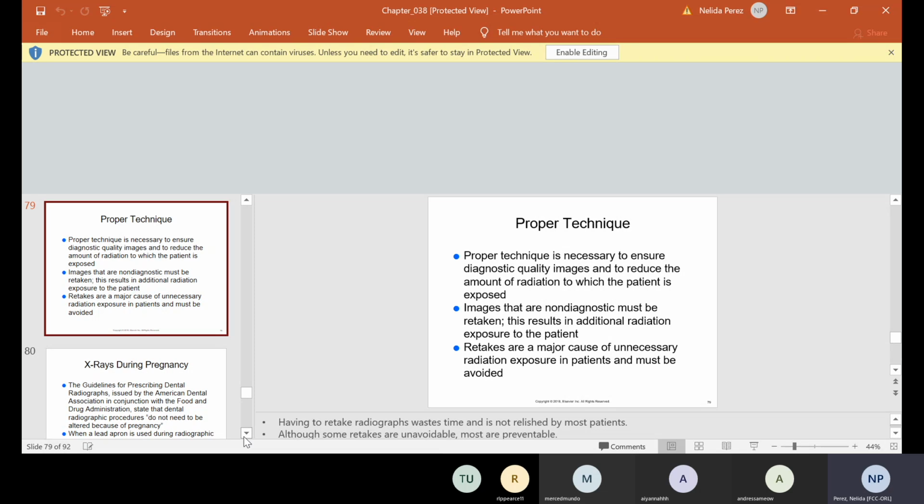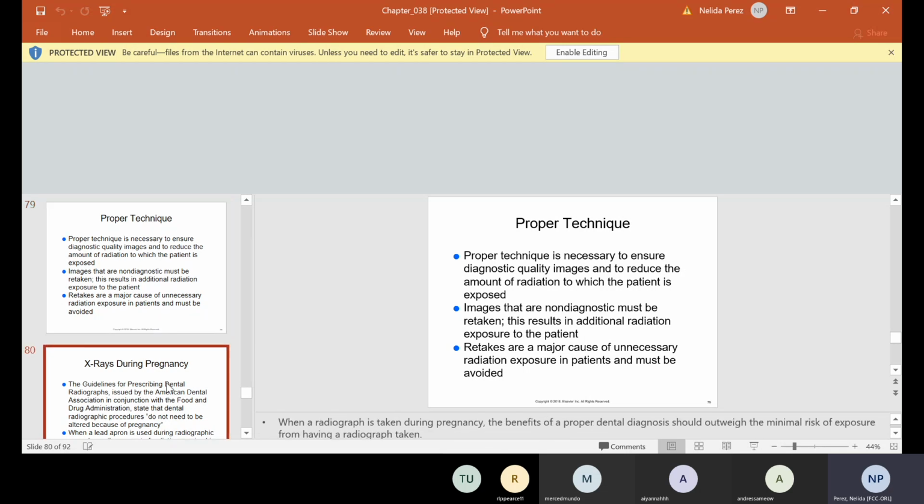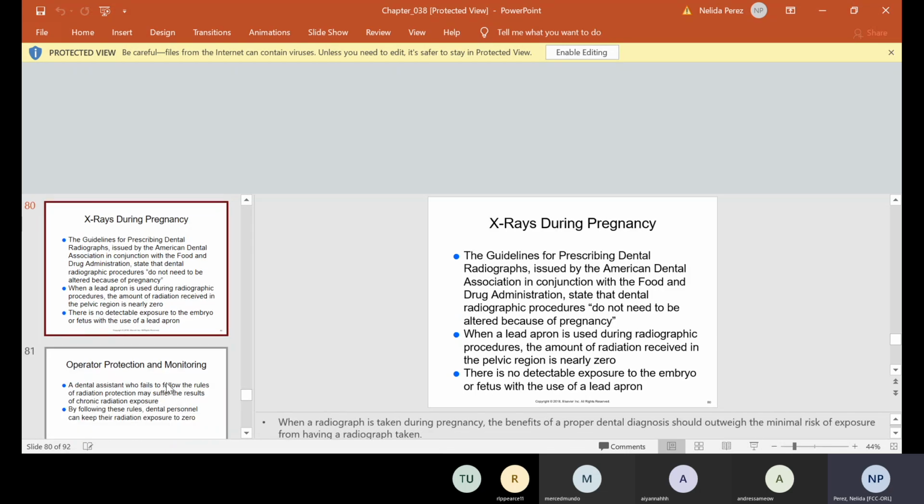And then the patient looks at you like, another x-ray, because you didn't take the first one right. This results in additional radiation exposure to patients, and retakes are a major cause of unnecessary radiation exposure and must be avoided. They're also unnecessary backtalk from the patient if you have to take them again.